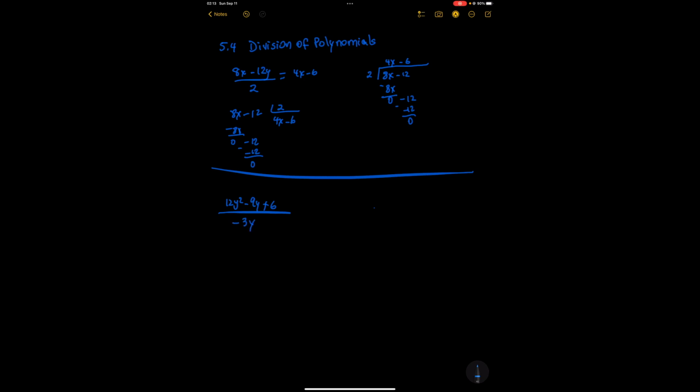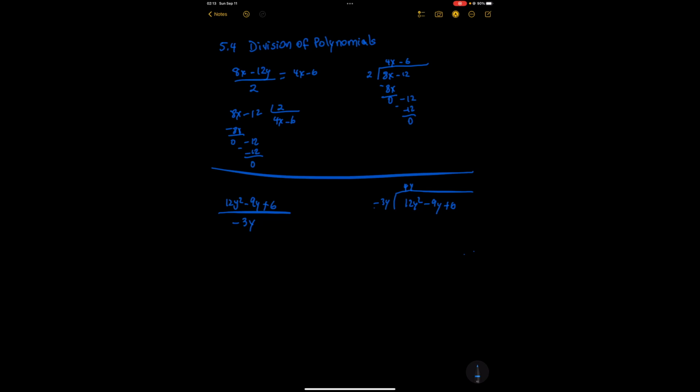So then we're going to have 12y squared minus 9y plus 6, and we're going to have negative 3y. So what we're going to do again, same thing. We know that for sure for 3 and 12 that will be equal to 4. And for y squared that will be equal to y.